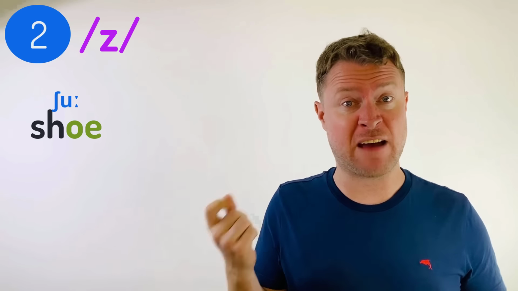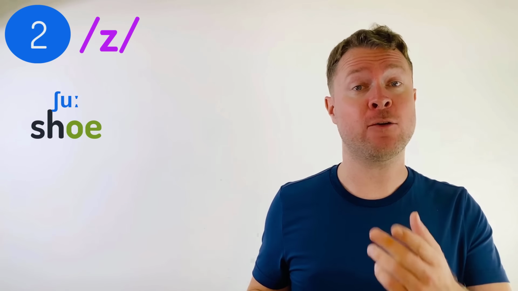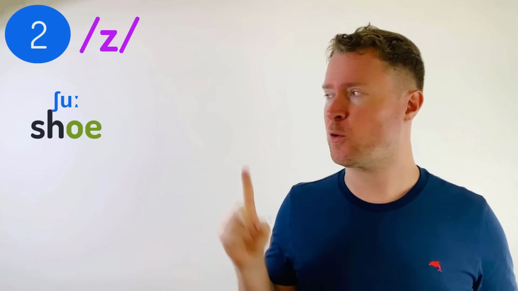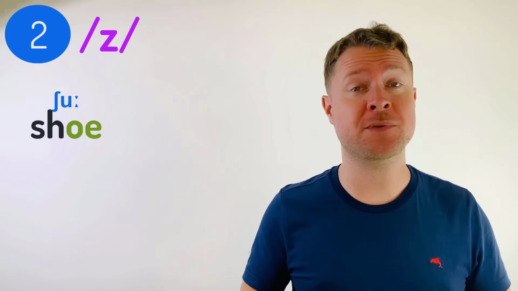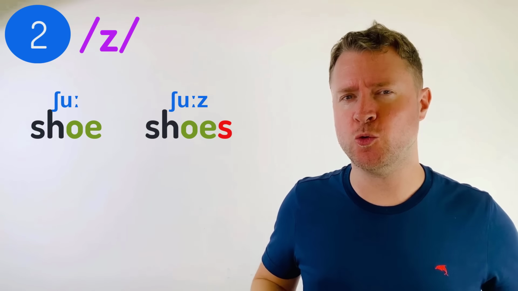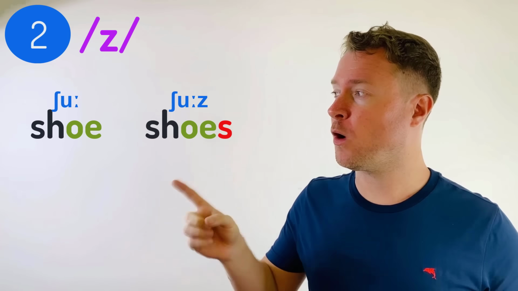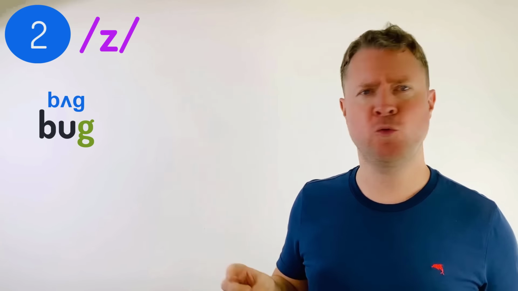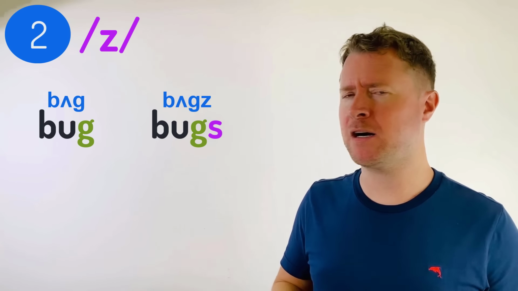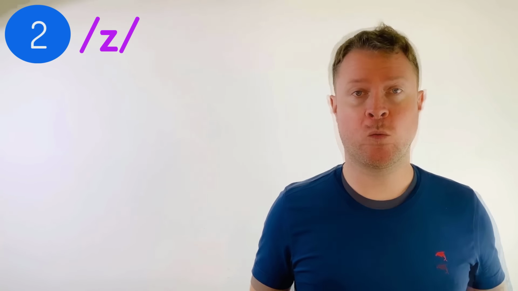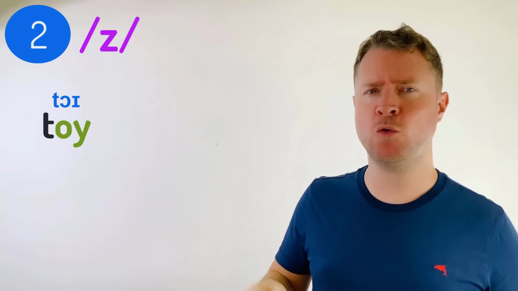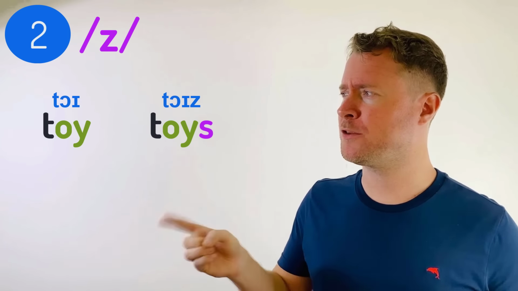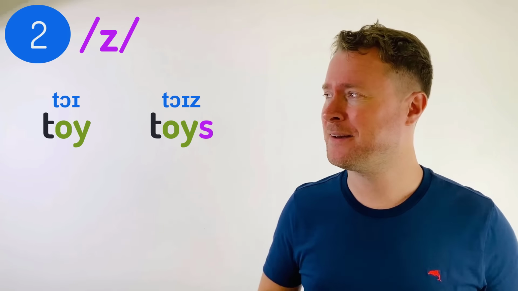So words that end in that vowel sound, oo, they also take this z sound. One shoe becomes two shoes. One bug, two bugs. One toy, two toys. Okay?